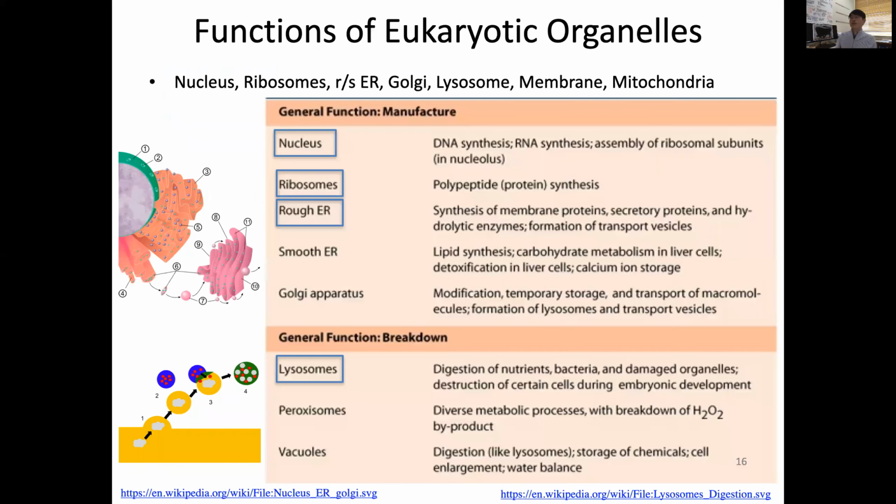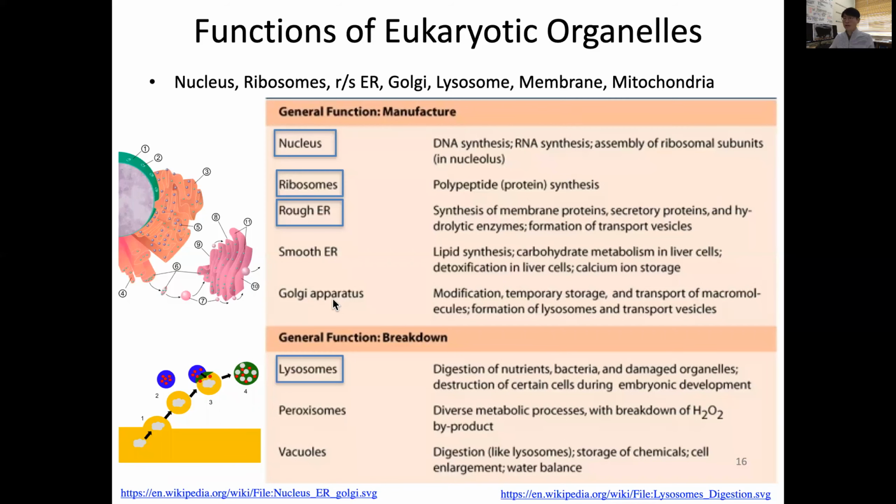So let me go through the functions of eukaryotic organelles, which I believe you already know the basics of. I'm just sweeping through the points I want to make. The general function of these organelles, such as manufacturing, we can consider like DNA synthesis from the nucleus, ribosome, rough ER, smooth ER, and Golgi apparatus.